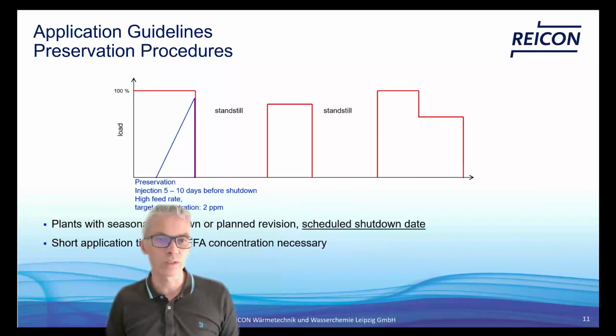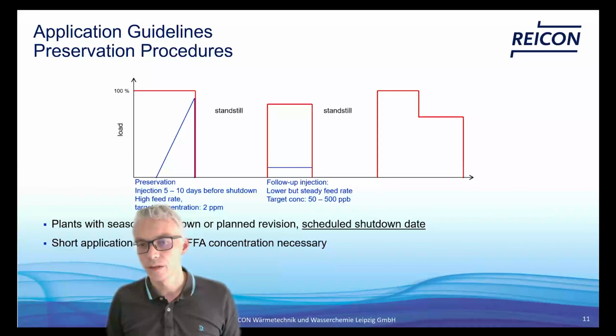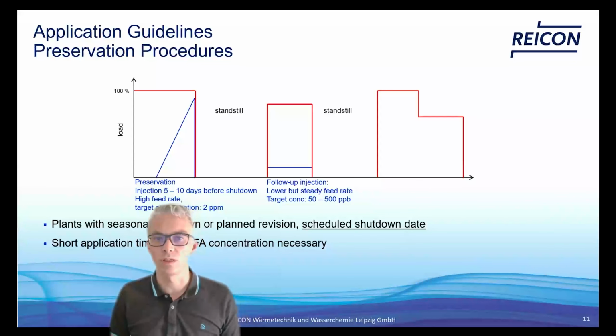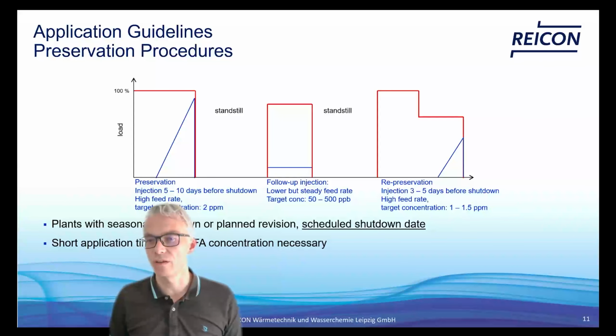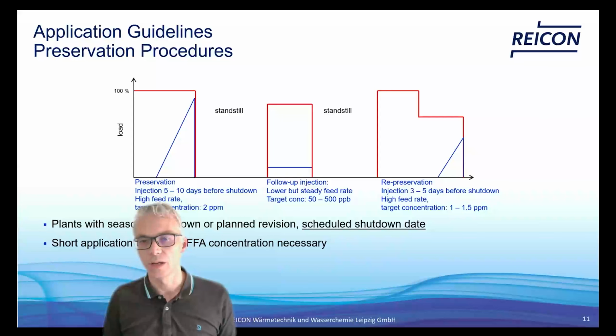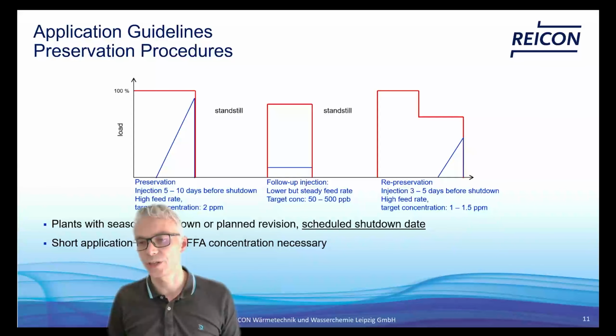And we increase this stepwise by increasing the dosage rate. After the standstill, you can decide whether you go into a continuous treatment with a steady but low feed rate, especially for plants with frequent shutdowns, or the other possibility is to do a represervation before the next shutdown. And then mostly you need less concentration, which leads to a shorter injection period or a shorter maximum concentration which needs to be achieved.